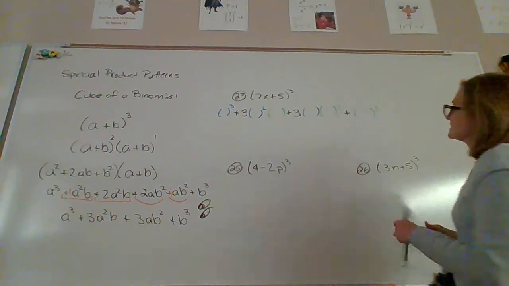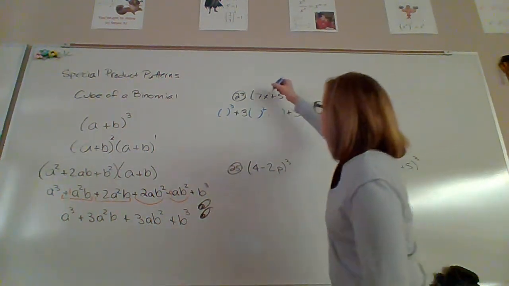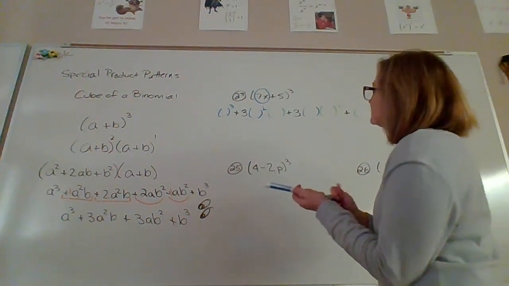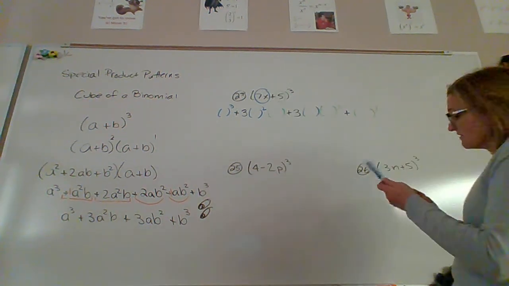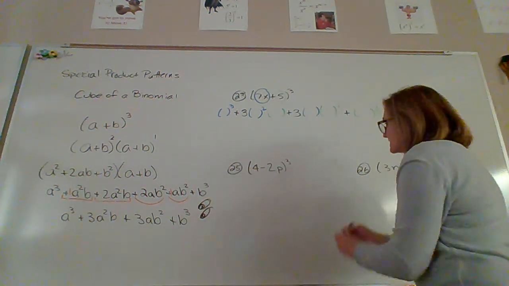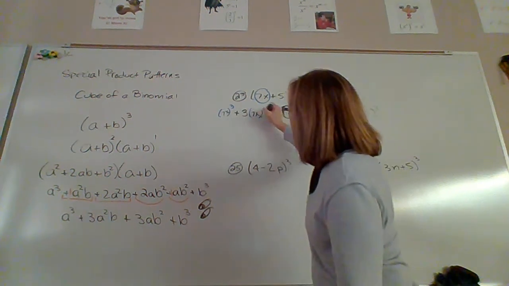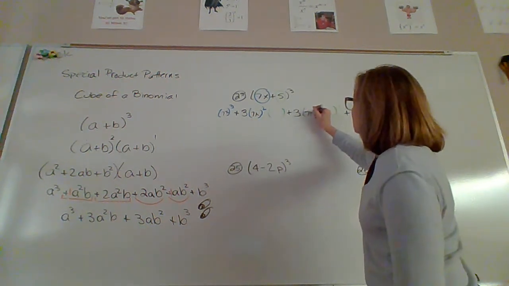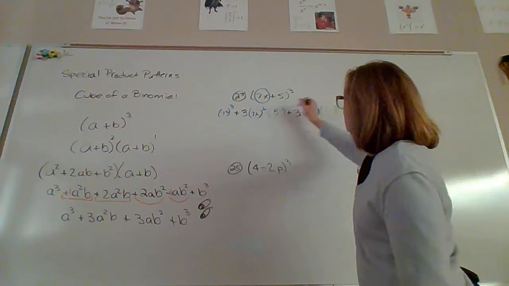All right, so this is the deal. Now, I color-coded these because all of the a's are going to go in the blue parentheses, and all of the b's are going to go in the green parentheses. Okay, so we have 7x in all the blue parentheses, 7x and 7x. 7x goes in the blue, 7x in all our blues, and then we put 5 in all of our greens.